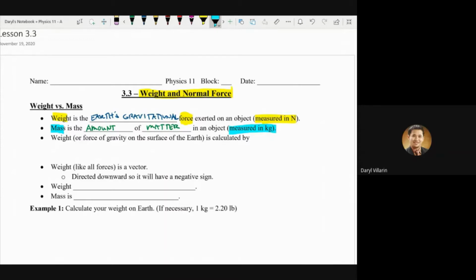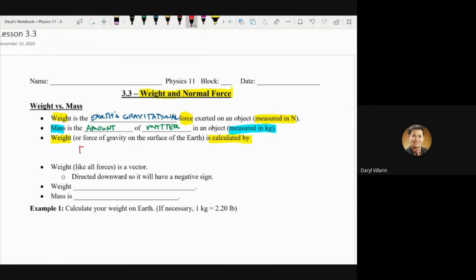So weight, or the force of gravity, near the surface of the Earth is given by the formula. We use Fg for that.